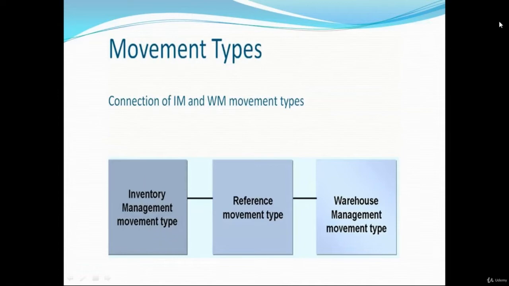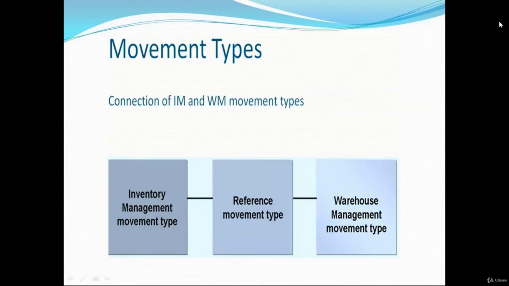This particular IM movement type will increase the quantity in the IM level data. So this IM level movement type is linked to the WM level movement type, because the plant and storage location is linked to the WM level as well.